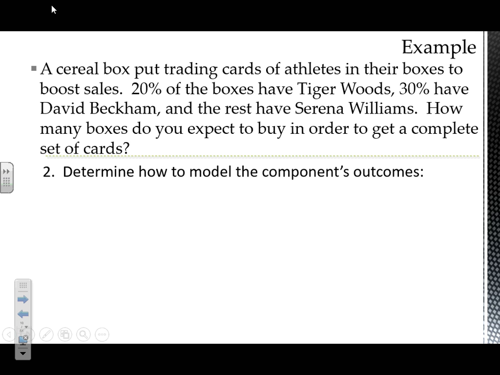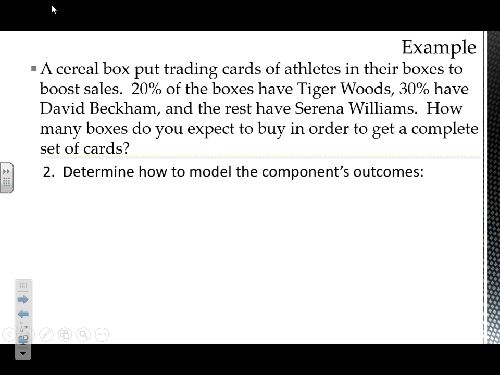How could I use that information to assign numbers to represent getting a Tiger Woods card, and then different numbers to represent David Beckham, and different numbers to represent Serena Williams? Tiger Woods gets 2. The first 2 numbers, David Beckham gets the next 3, and then Serena gets the last 5. All right, take 10 digits.